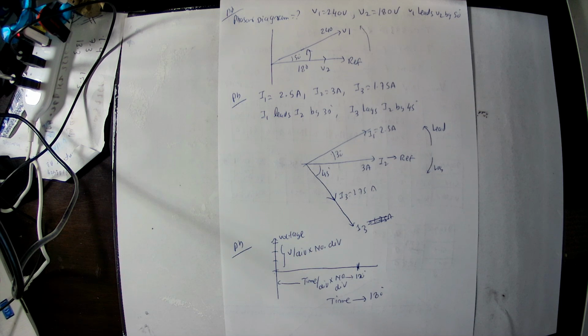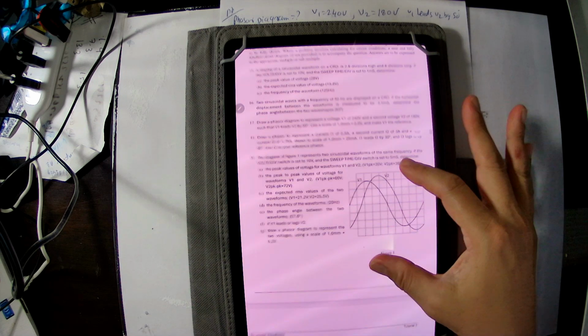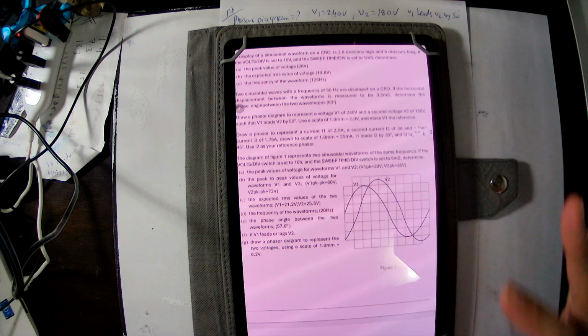Okay, this is the next problem. Next problem, we can see the waveform. The waveform is given, so based on the waveform we have to calculate.